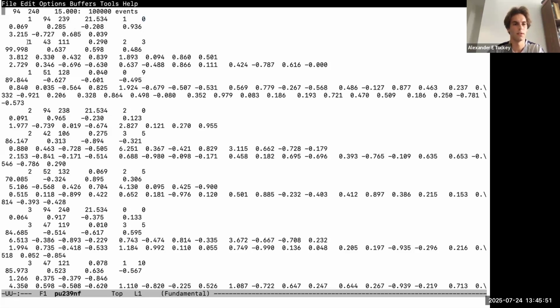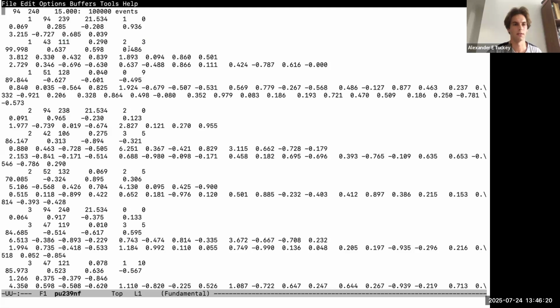The rest of the event follows the same structure, so I won't repeat myself too much. But we know this is part of the first event still because of the 1 that is at the beginning of this line. Our light fragment had a charge of 43, a mass of 111. We had 2 prompt neutrons and 3 prompt gammas coming from the light fragment.